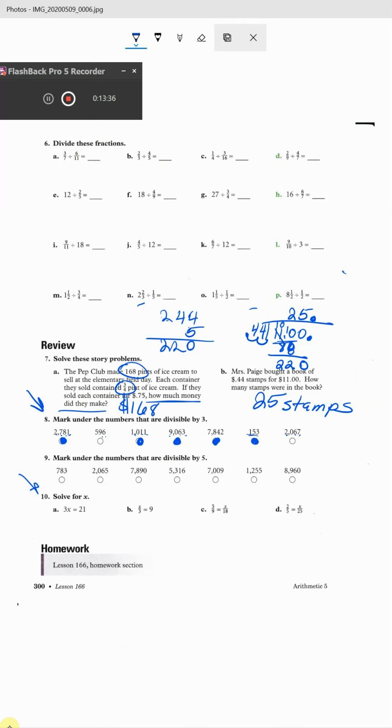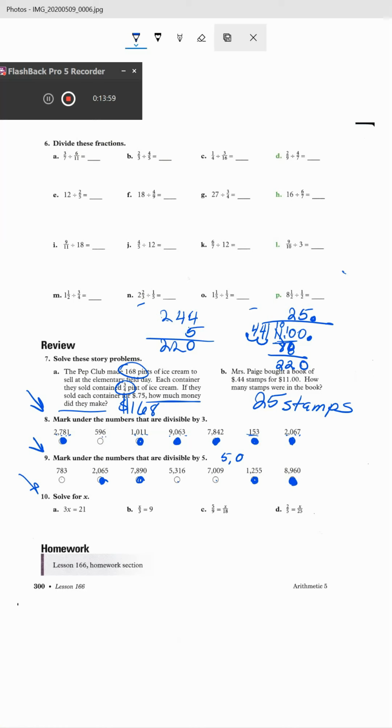Does 15 go into 3? Yep. 3 times 5. All right, these 5s are easy. How's it divisible by 5? Do you remember? Has to end in a 5 or a 0. That's easy. So no, yes, yes, no, no, yes, and no. I mean yes, sorry.